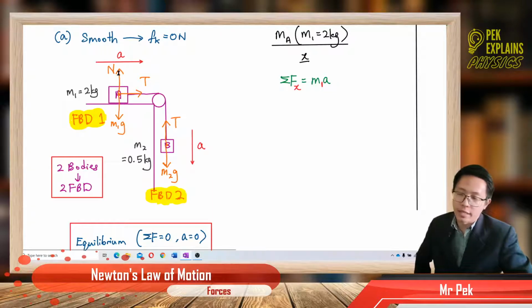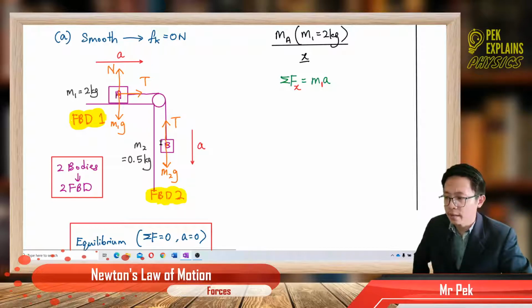And show all the forces acting on the object. So for object A, it has the weight going down, m1g. Don't just write mg, please write m1g because A and B have different masses. Must put this as m1, this one as m2. So this one m1g, this one m2g.